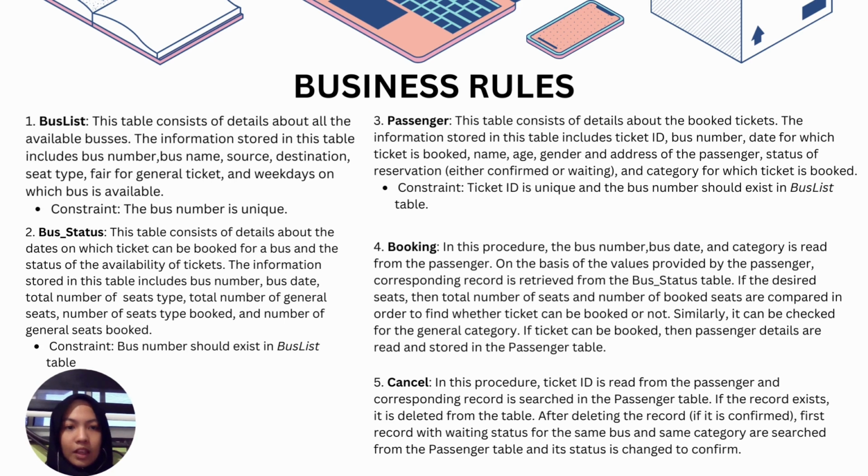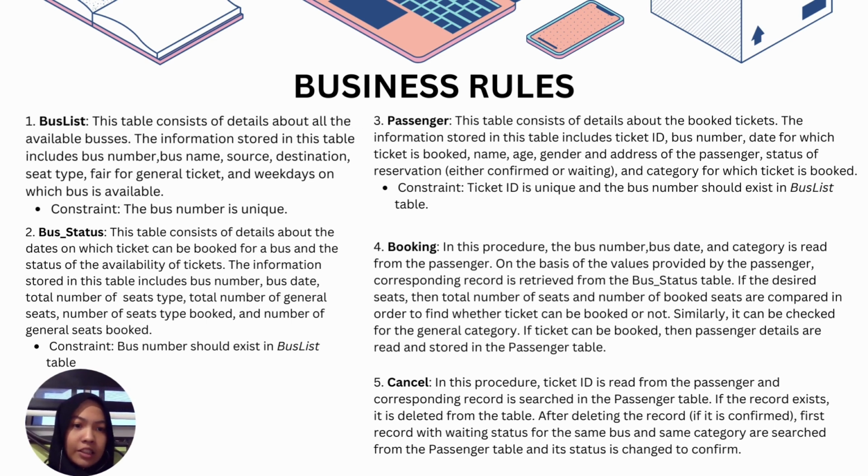And then for the booking table, in this procedure, the bus number, bus date, and category are read from the passenger. On the basis of the values provided by the passenger, the corresponding record is retrieved from the bus status table.